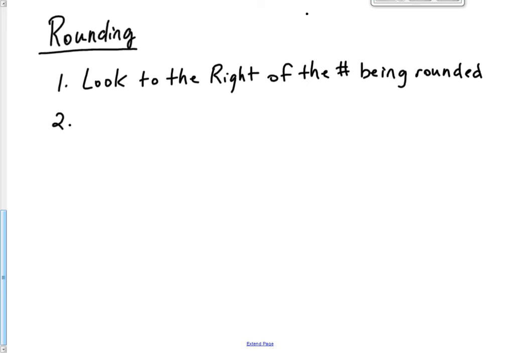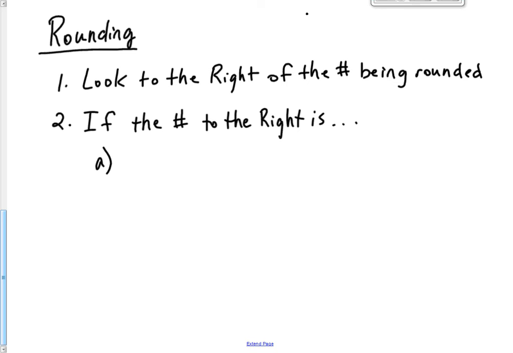Okay, rule number 2. And this is the one that you know is rather lengthy. So if the number to the right is, and we have several scenarios here.